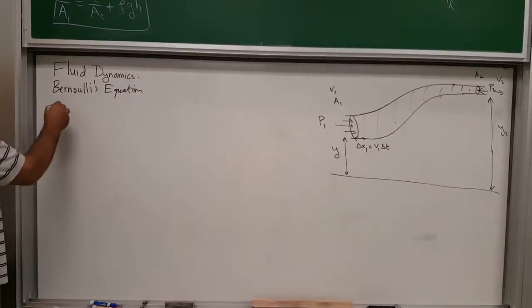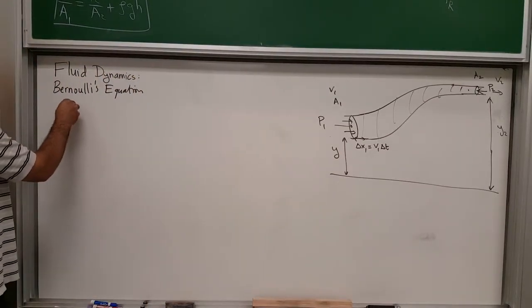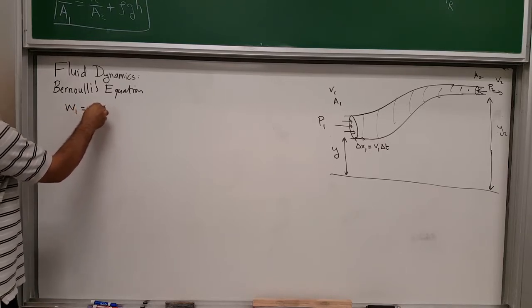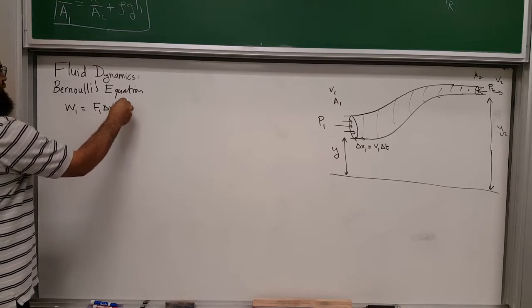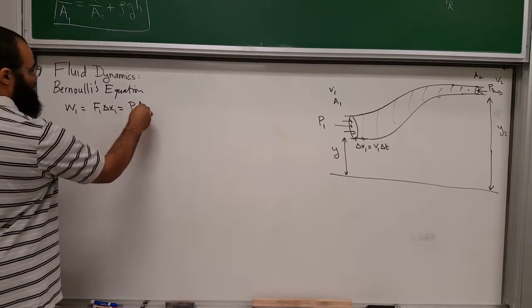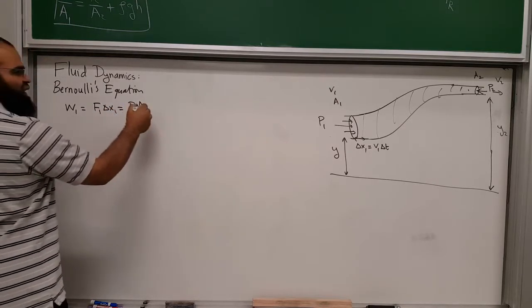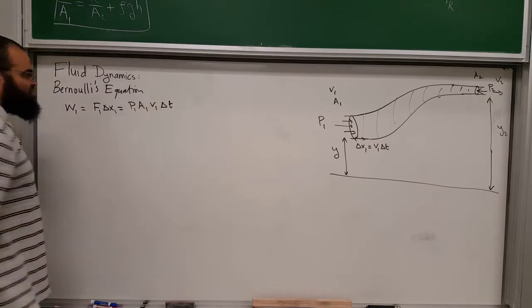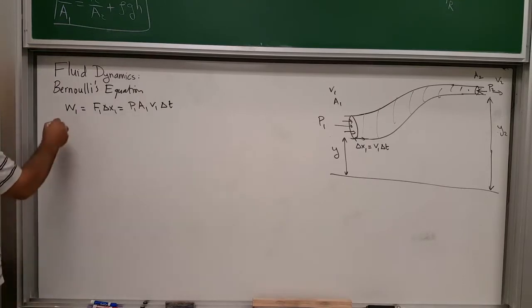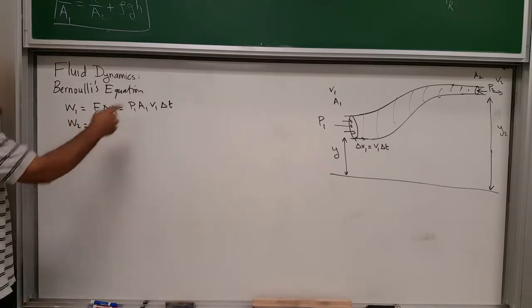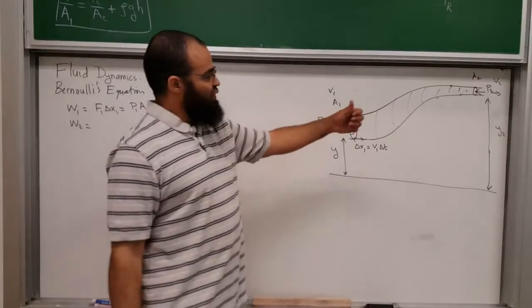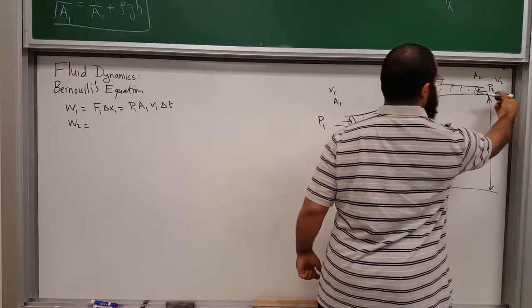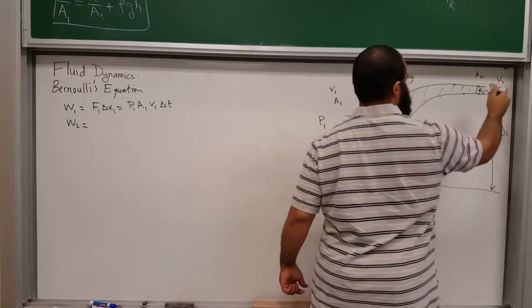So the work done, I will call it W1 by P1, will be F1 times delta x1, and that is P1 area 1, because force is pressure times area, times V1 times delta t. And then the work done by the second force upstairs there, it's pressure, but it's backward. So as the fluid moves forward, this force does negative work because the force is this way and the motion is that way.